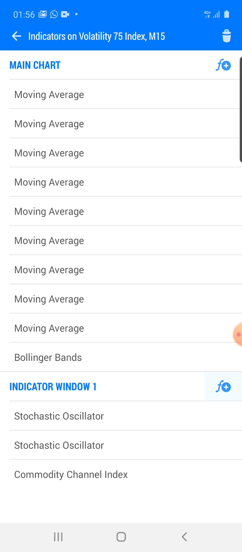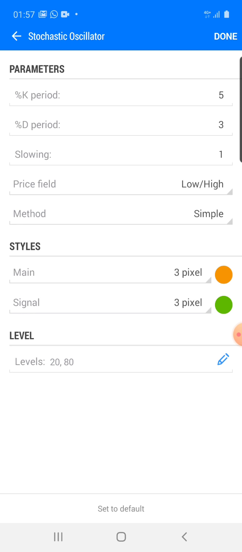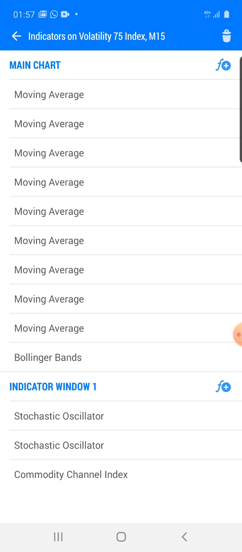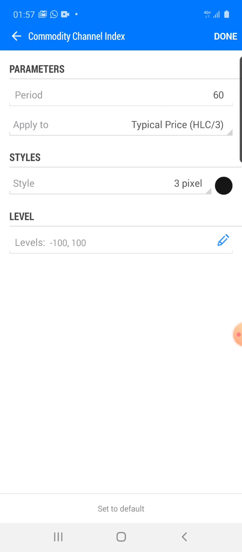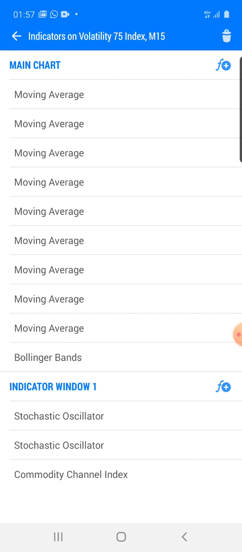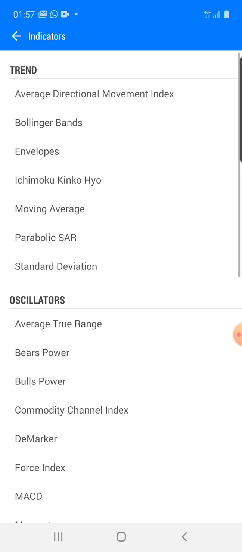Then I click this again, not the one on top, the one below, and I add another stochastic 531, low, high, simple, color orange and green. And then I come here and add another commodity channel index 60. All right, where do I get all of them from? By clicking this function plus, and I select them from these options.